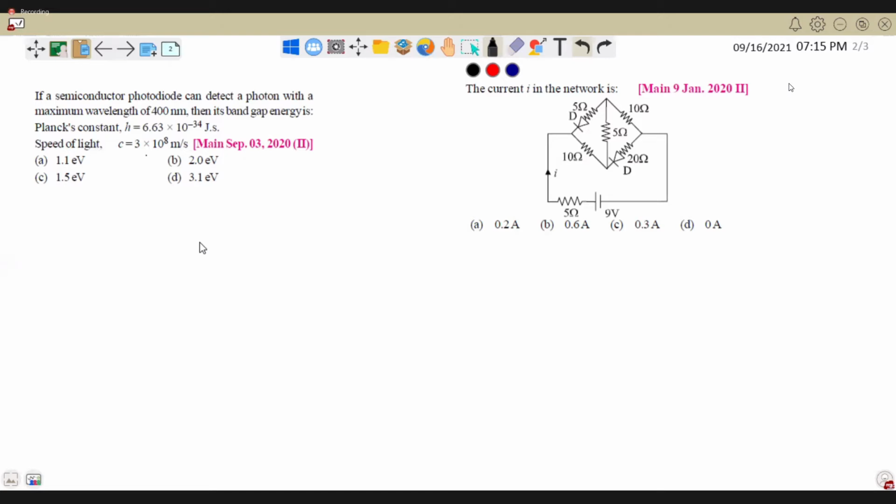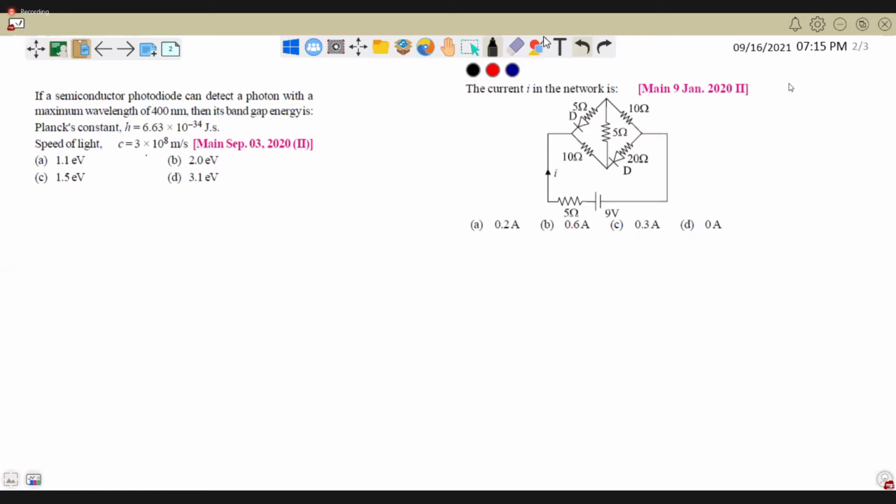Very easy. So wouldn't it be hc by lambda?